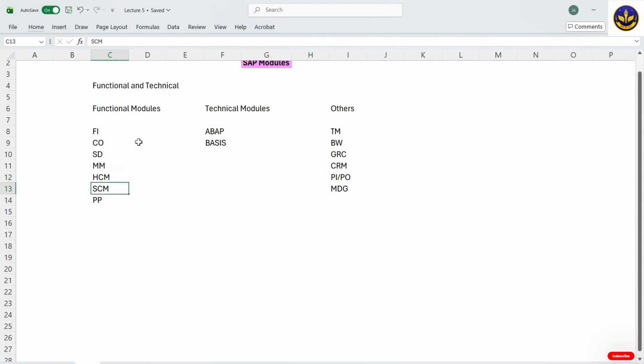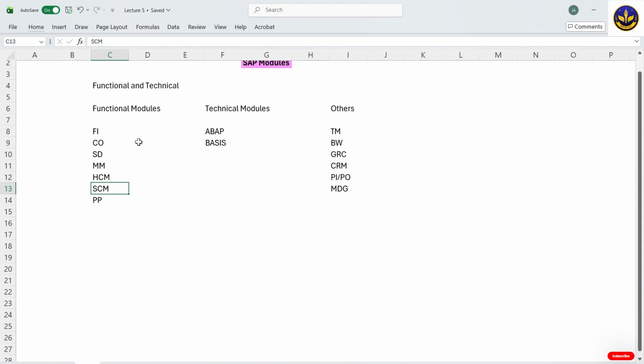The next one is supply chain management, which handles all the supply chain processes like logistics. And then we have production planning, which usually deals with the internal manufacturing processes.